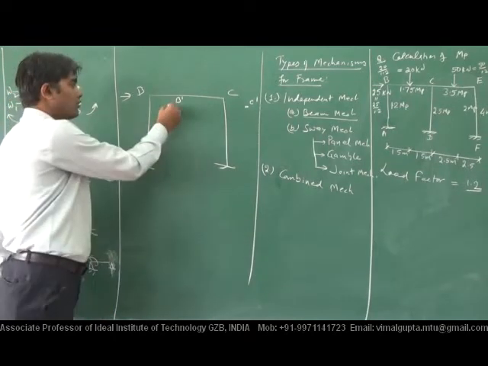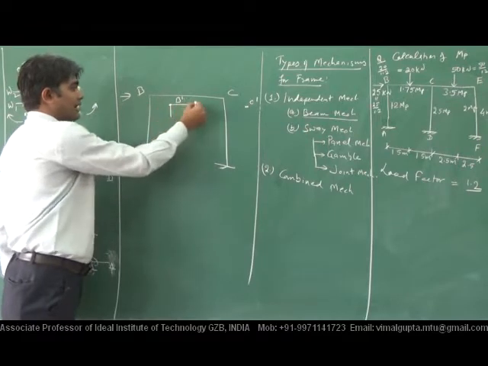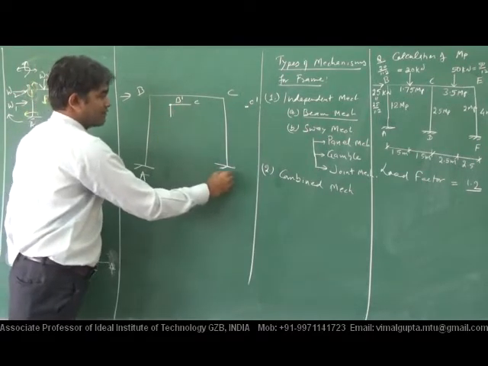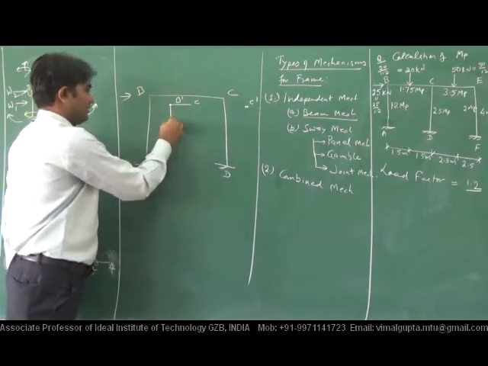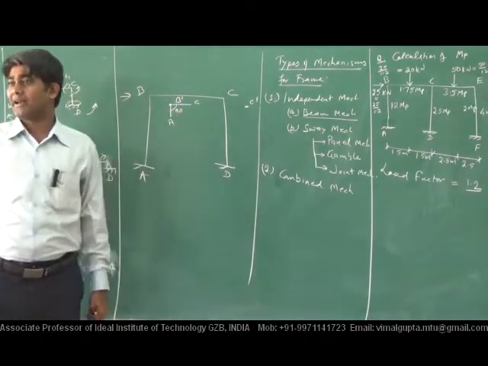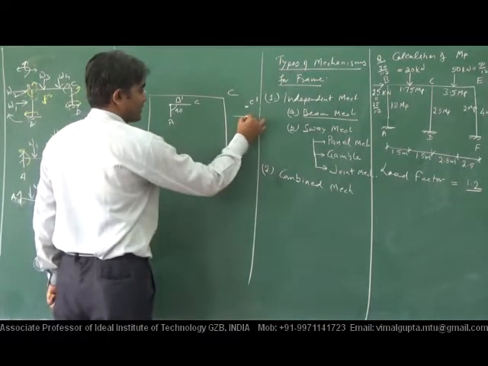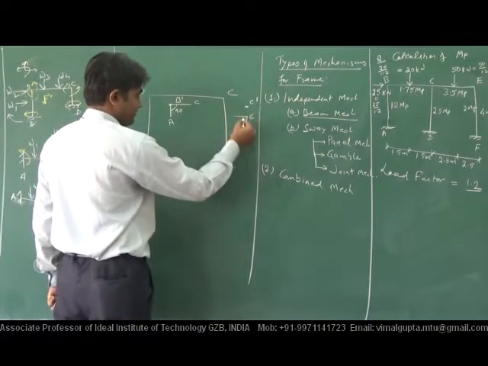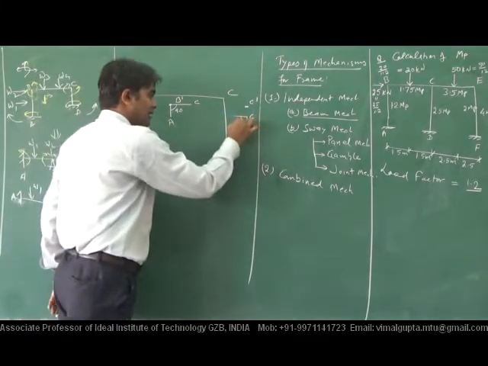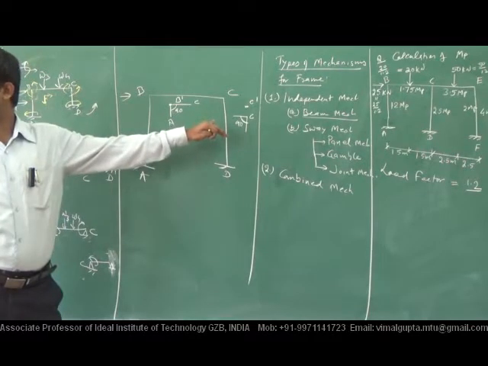If this is A and this is D, that geometry cannot be disturbed. Similarly at C, the horizontal member and the vertical member, that angle of 90 degrees has to be there.